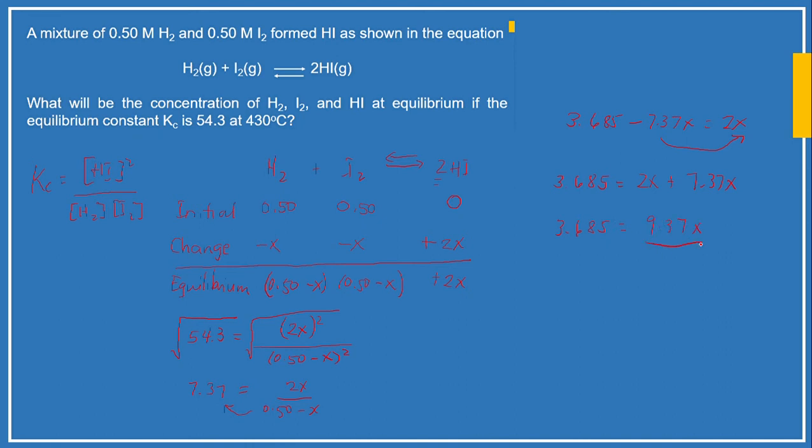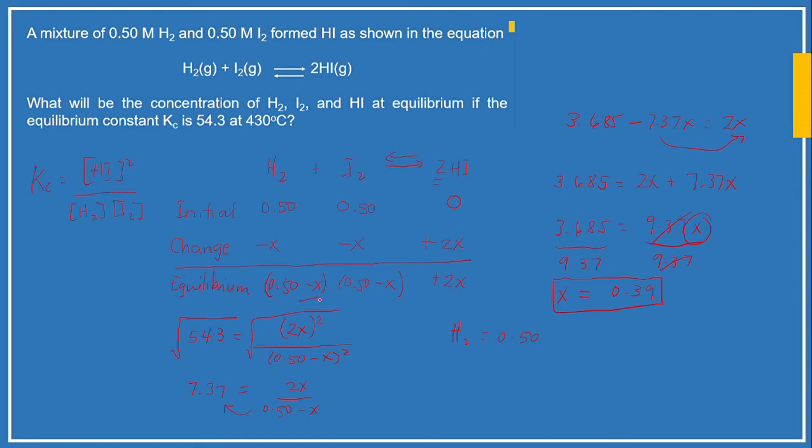9.37x. Divide both sides of the equation by 9.37. Okay, para maiwan na lang si x. 9.37. So, cancel, x na lang ang naiwan. So, x now is equal to 0.39. Tapos na ba tayo dyan? Hindi pa. Si x pa lang ang nasolve natin. So, to get the concentration of H2, I2, and HI at equilibrium, okay, ang H2 natin, initially we have 0.50.